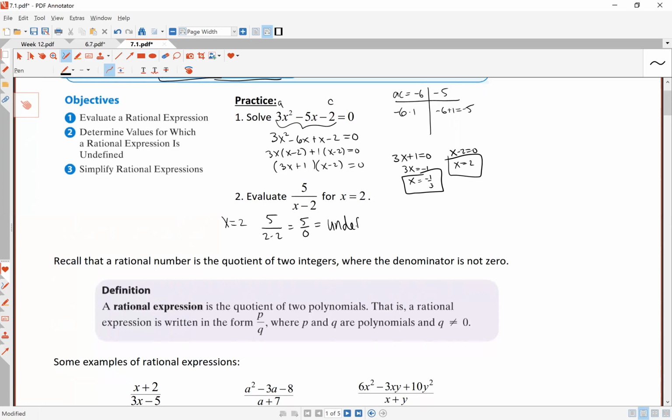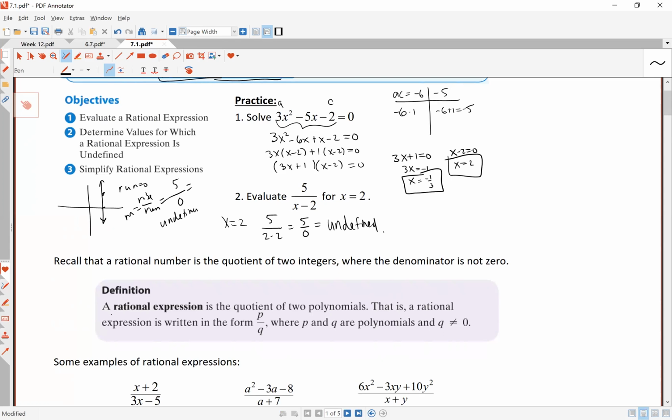So we say this is undefined. And we've seen this before when we saw a vertical line where all the rise and run was 0. So we do rise over run, and we would get 0 on the bottom and any number on the top, and we said this was an undefined slope. So we're worried about those kinds of things.